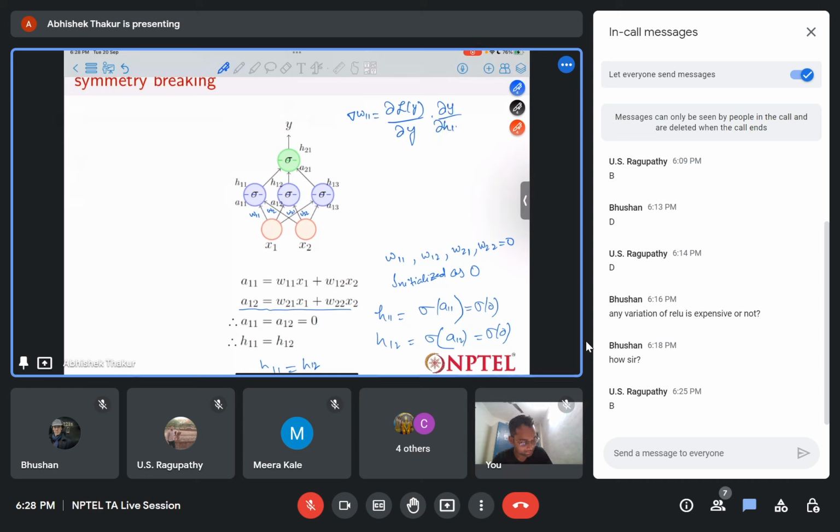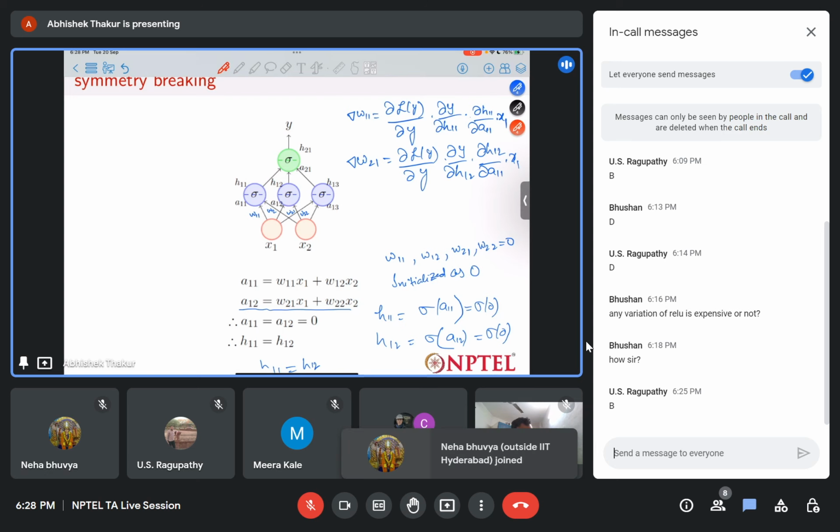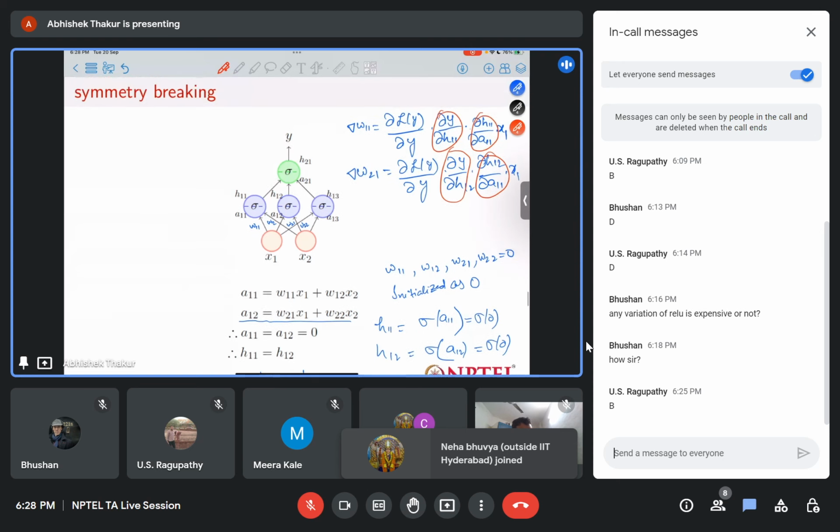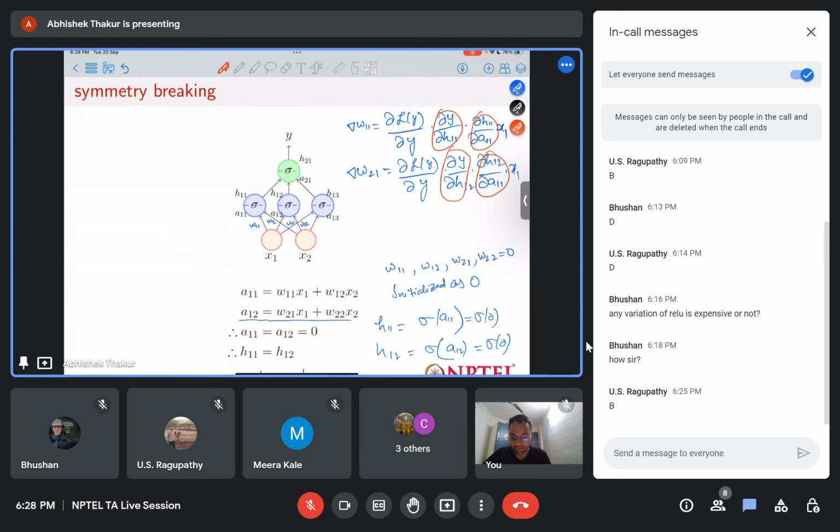If you write it like this, with the input x1, and for another parameter w21, again you will get this, into x1. As you know, H11 and H12 are equal, so this term is equal, this term is equal, all these terms are equal. So in this case all the weights will become equal.